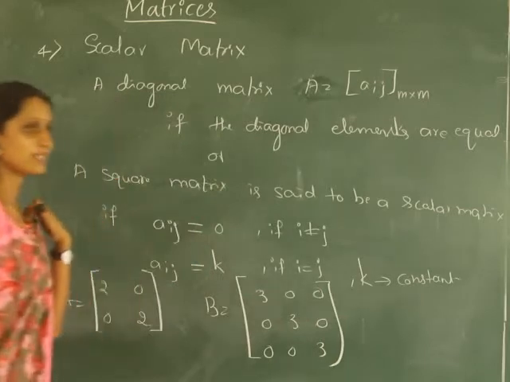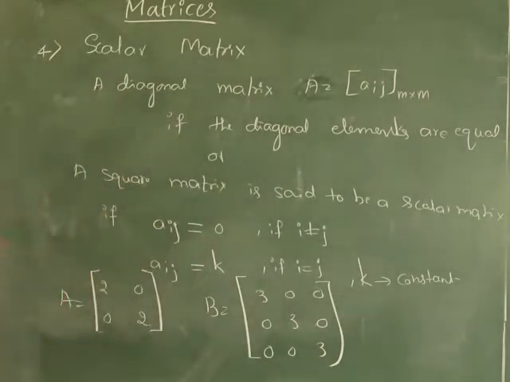So this matrix is called a scalar matrix. So this is one more type of matrix, and that is also a type of square matrix.